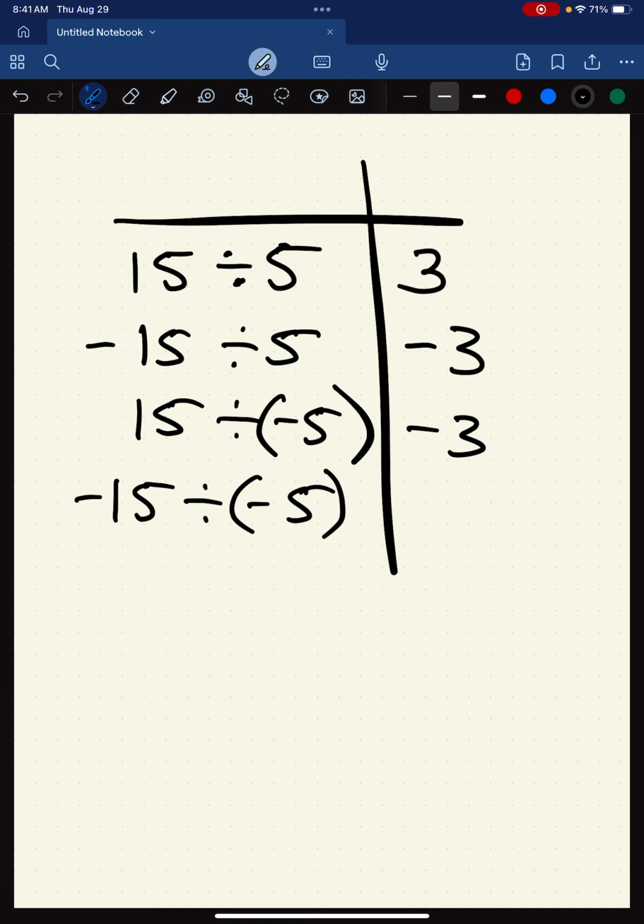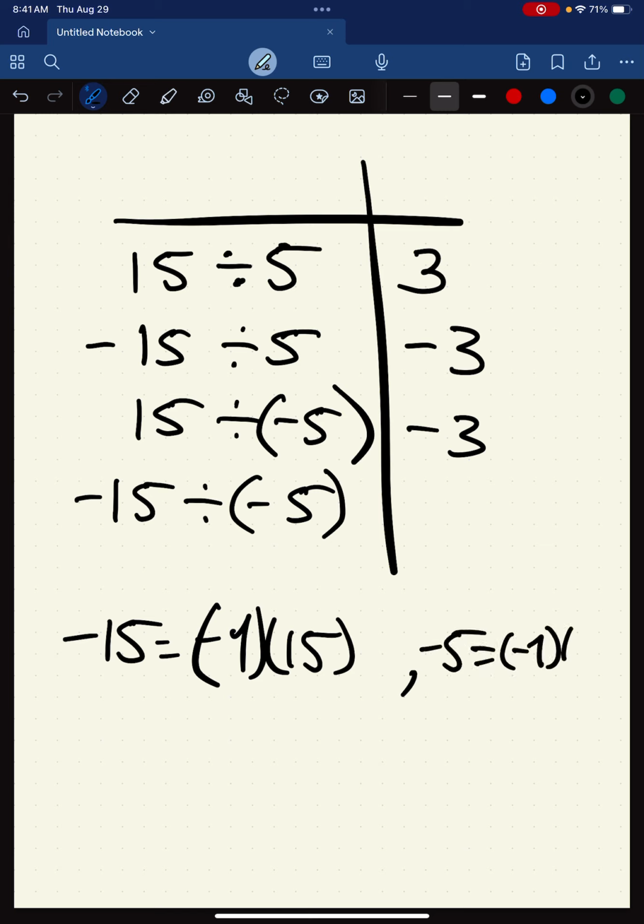Well, if we do that one really quick, negative 15 is the same thing as negative 1 times 15. And we know that negative 5 is the same thing as negative 1 times 5.